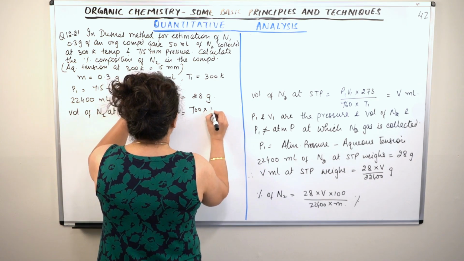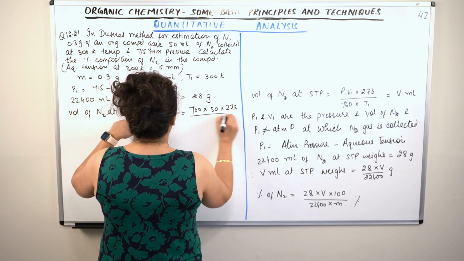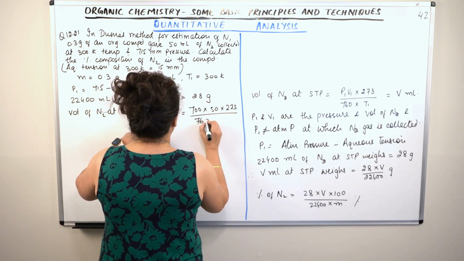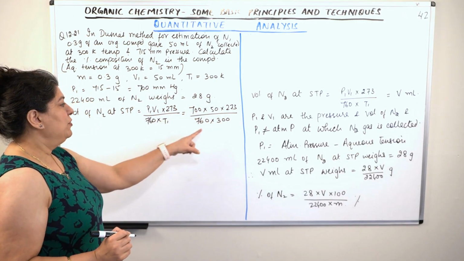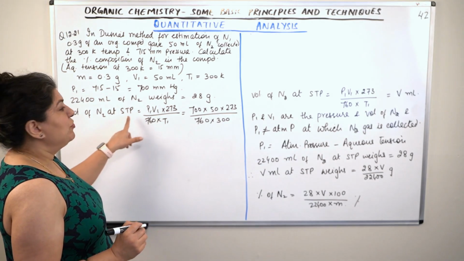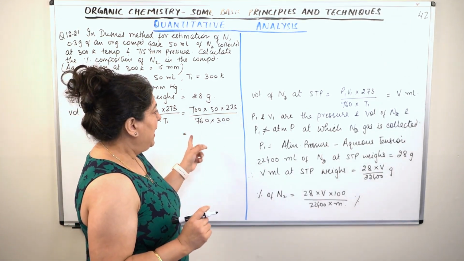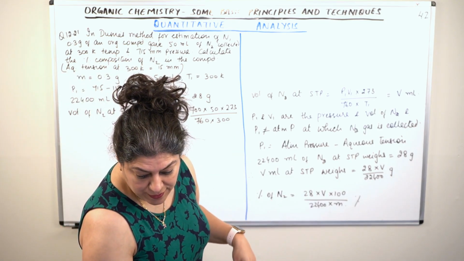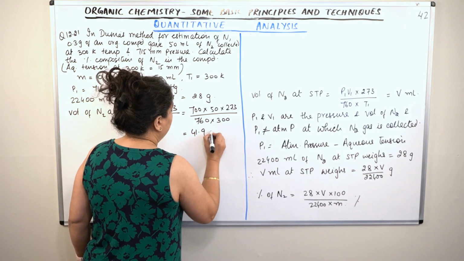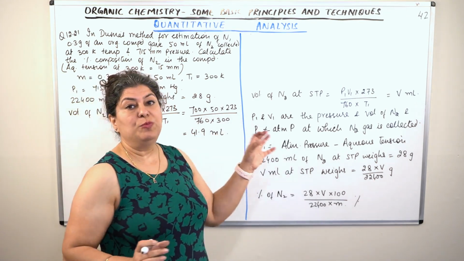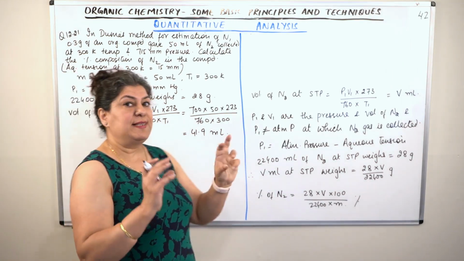V1 is 50, into 273 upon 760, and T1 is 300. I've put all the values. From this you'll calculate the volume of nitrogen at STP, and the volume would be 41.9 milliliters. So this is the volume of nitrogen at STP.